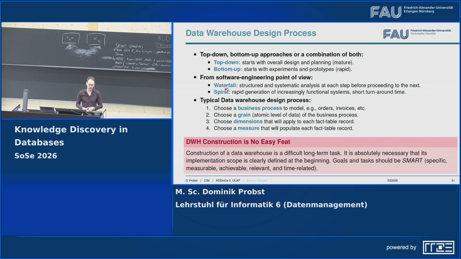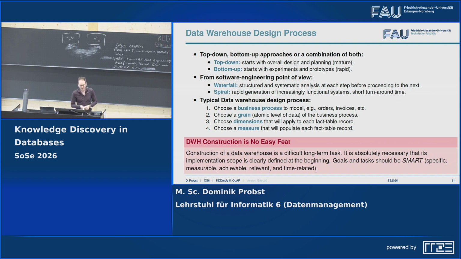We can do that in a waterfall model, where we simply start with analysis, then we go to execution, then we go into testing and completion. Or we can do a spiral model where we do something like Scrum and design our model rapidly. So basically, top down would be more likely with waterfall, while bottom up would be more likely with the spiral model.